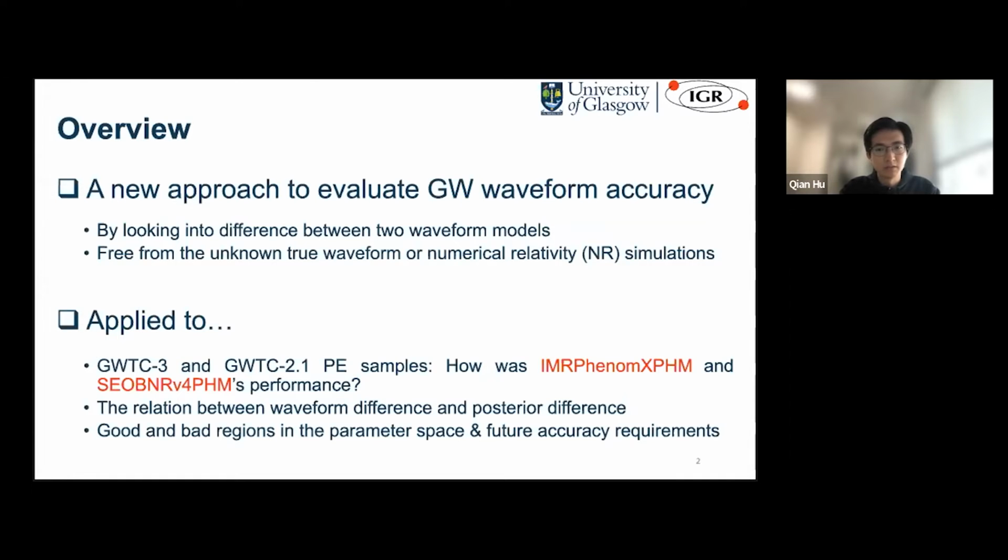We have applied this method to the latest catalog parameter estimation samples to see if any problematic waveforms are used in data analysis and its possible impacts on parameter estimation. We also try to see the good and bad regions in the parameter space, and make predictions for the waveform accuracy requirement for the future high SNR detections.